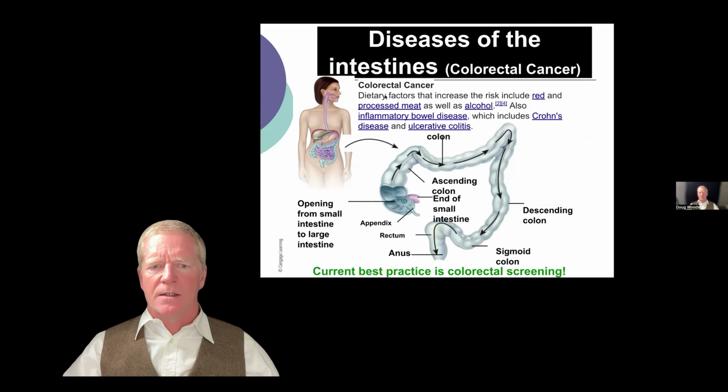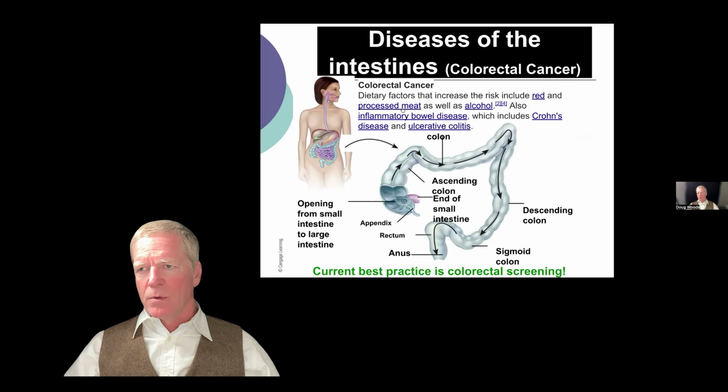So, things that can go wrong. Colorectal cancer is a disease that can occur in the colon. This is where the cells here are exposed to dangerous chemicals, probably also a very low level of microbiome activity, through a low fiber diet, and with dietary factors like a diet high in red meat, a diet high in processed meat, a diet high in alcohol, it's pro-inflammatory.